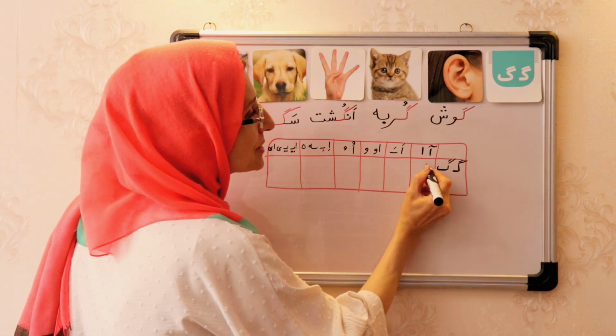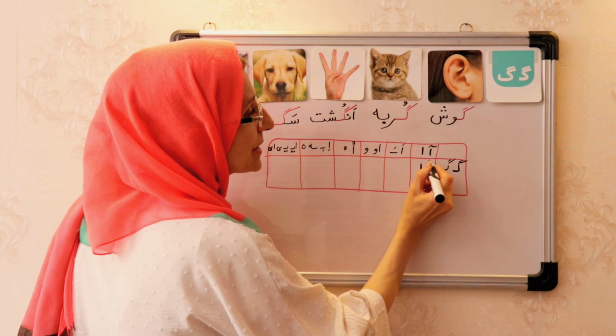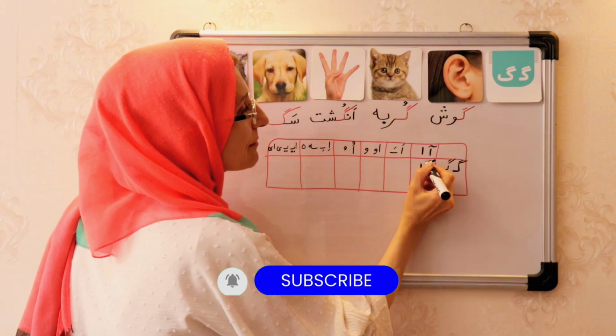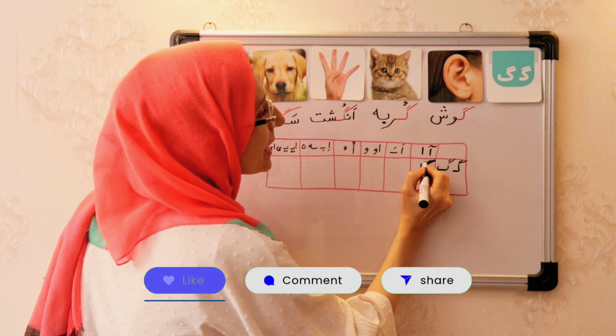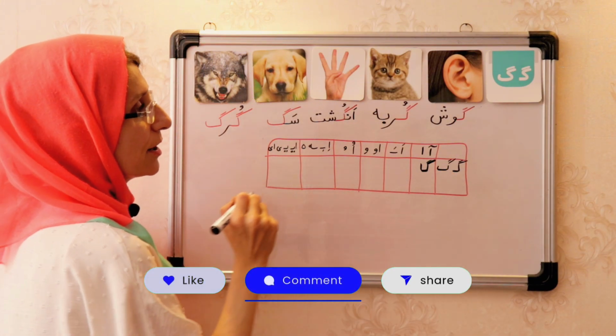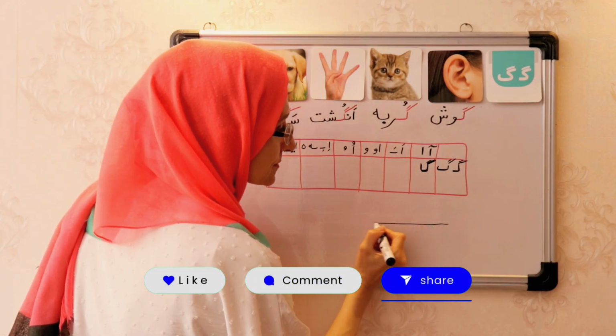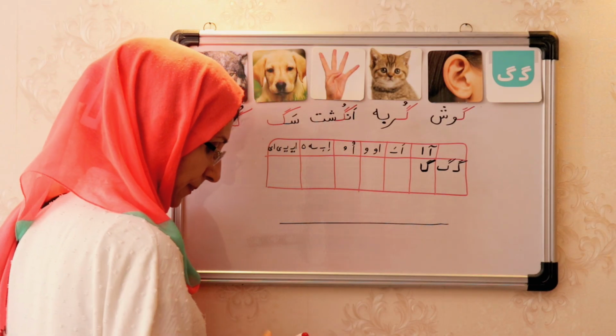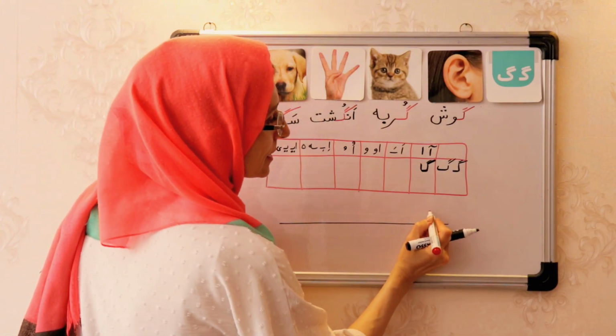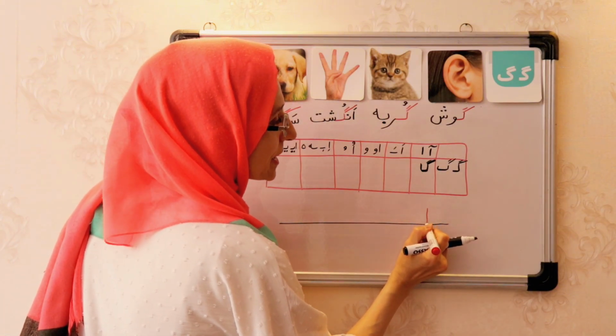If we make friendship between G and A, then we have ga. Look at here.